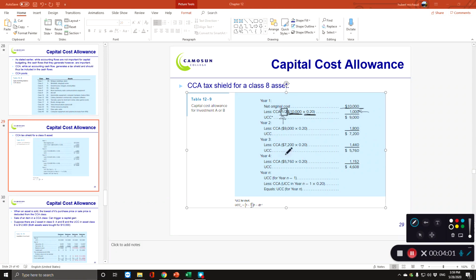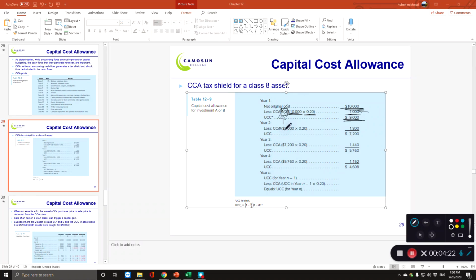Okay, in the second year, I don't have the 1/2 anymore. That 1/2 is gone, right? There's no 1/2 because now the pool starts at 9,000, right? It started at 10,000 in year 1. I used 1,000 from it in year 1, so now I'm left with 9,000 in the CCA pool class 8.